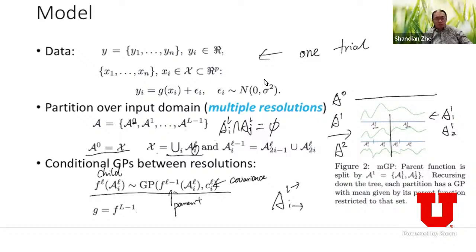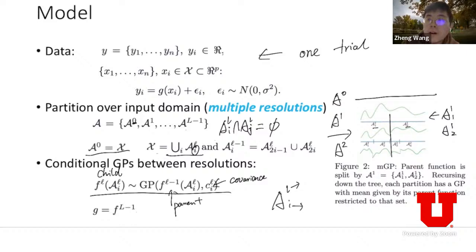Can you hear me? Yes. Okay, good. So my question is that it looks like A1 and A2, the parent and the child, have some redundant information. So why is it better?